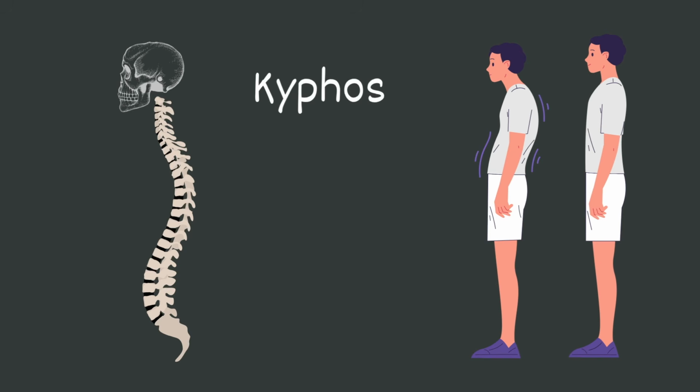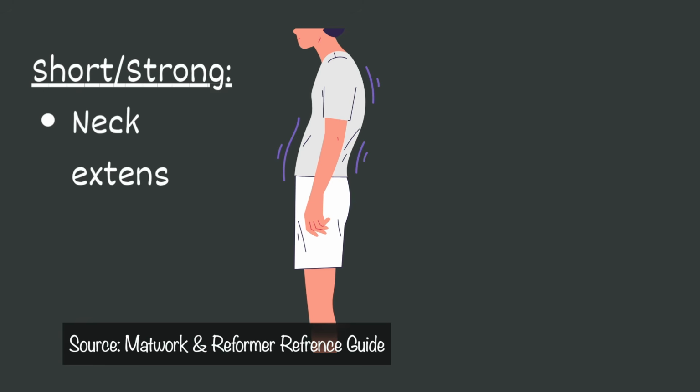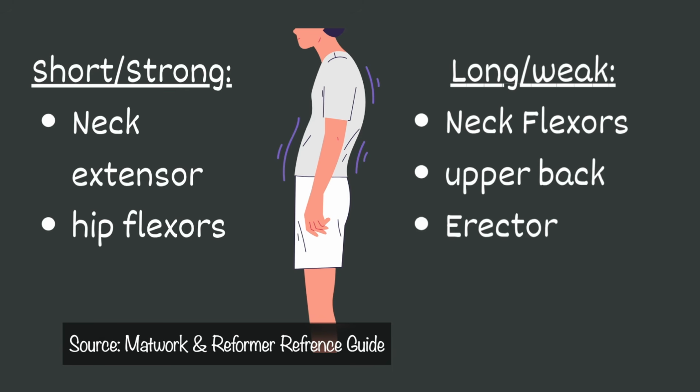Again, finding these deviations might tell us a lot about the muscle imbalance in our clients' bodies. For example, if somebody is kyphosis-lordosis, this could mean that they have short or tight neck extensors and hip flexors, and long or weak neck flexors, upper back, erector spinae, and potentially external obliques.